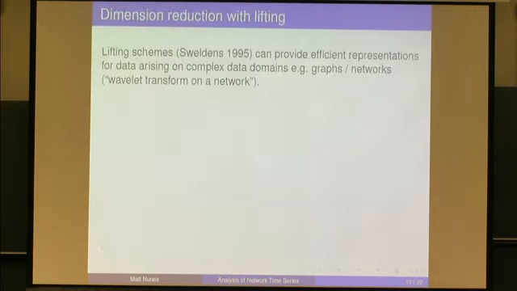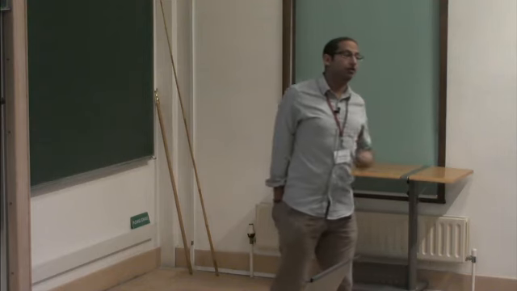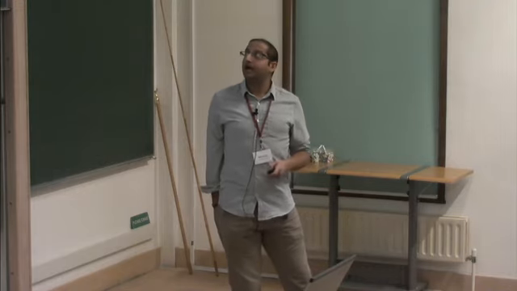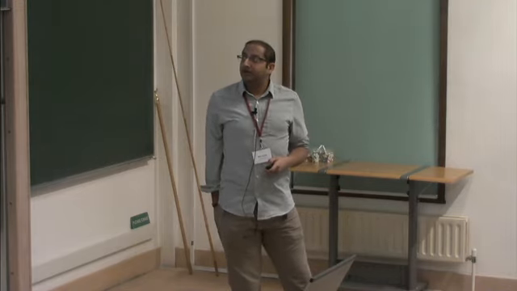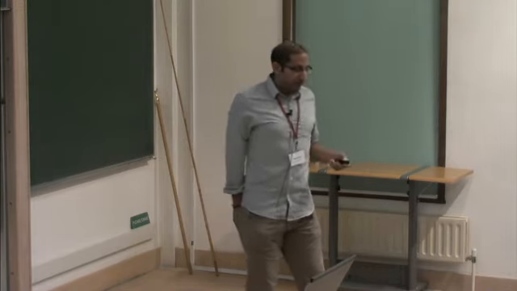So, lifting schemes were introduced in the mid-90s by Wim Sweldens at Bell Labs, and it's all about doing wavelet-like transforms on complex data domains, and in this case on a network or irregular data in general. It's useful for many different things.